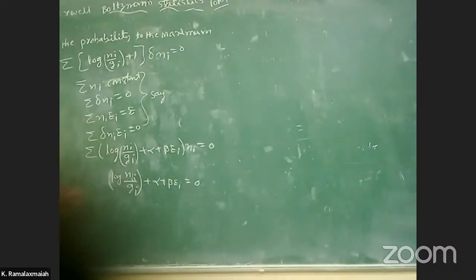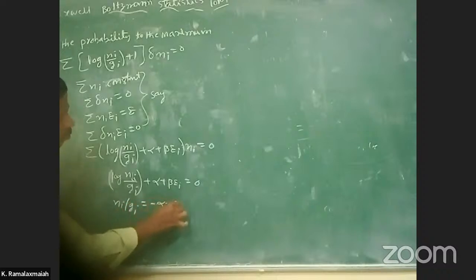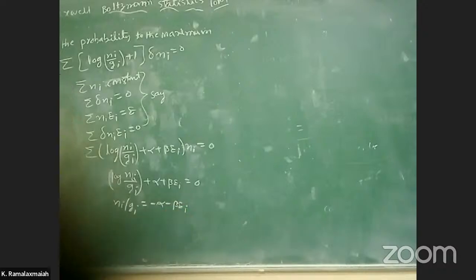So here ni by gi is equal to minus alpha minus beta ei. Here you convert to the exponential value, so you find out the ni value.